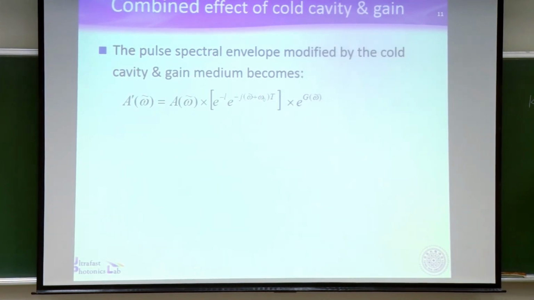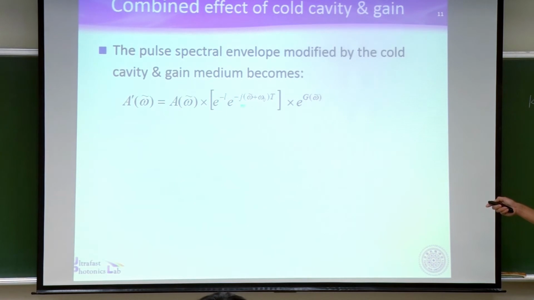And if you use this approximation, you can get some advantage, okay? The pulse spectral envelope modified by the cavity and the gain medium together becomes this. The output spectrum is equal to the input spectrum times the contributions from the cavity.